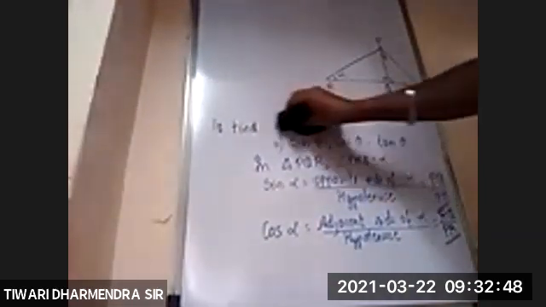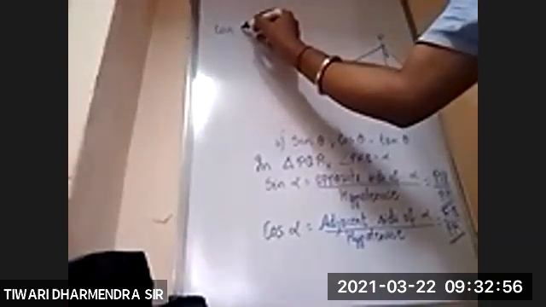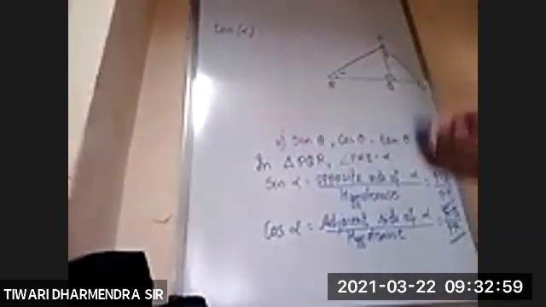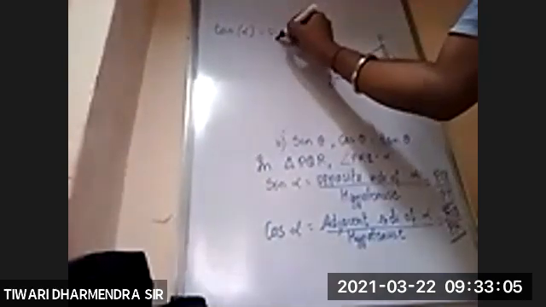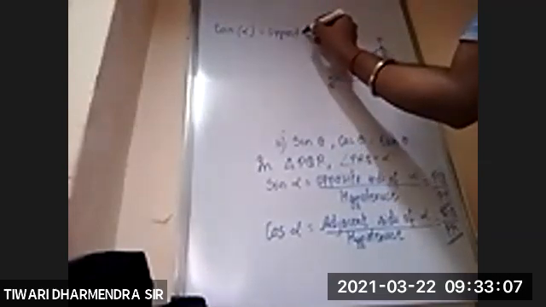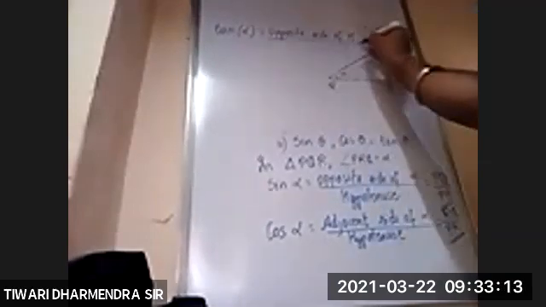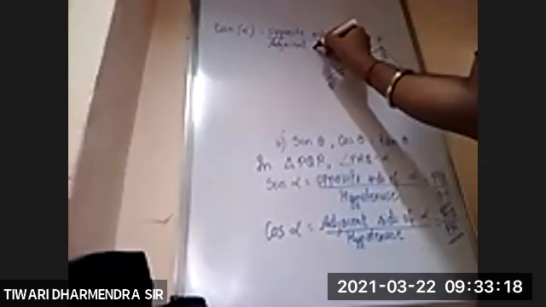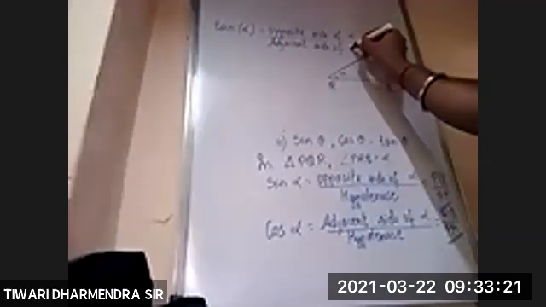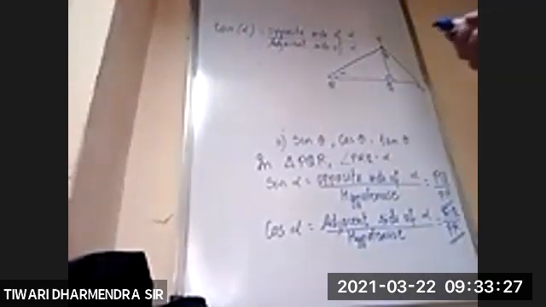Next is tan of alpha. Tan of alpha is nothing but tangent of alpha. The formula for tan is opposite side of alpha divided by adjacent side of alpha.